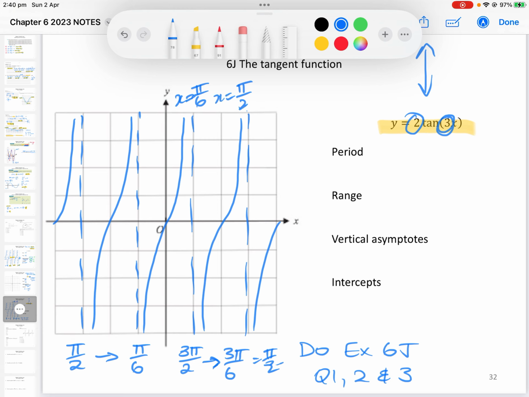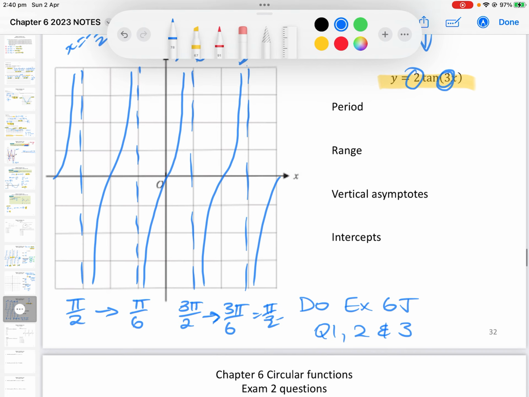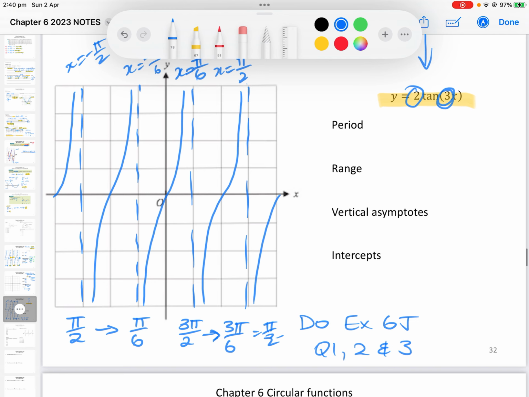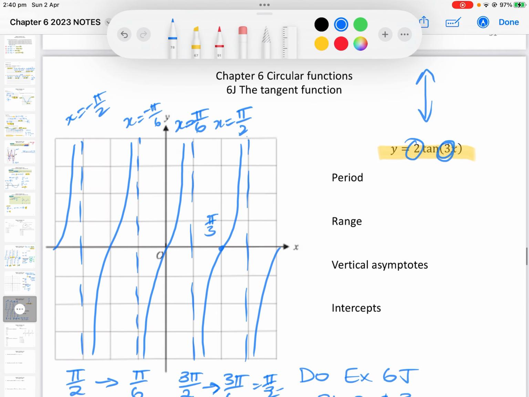And that's all we've got there. On the other side, they're going to be at x equals minus pi on 6 and x equals minus pi on 2. So we basically think we're counting in pi on 6s. So pi on 6, this one will be 2 pi on 6, which is pi on 3. 3 pi on 6, which is pi on 2. And the last one will be 4 pi on 6, which is 2 pi over 3.